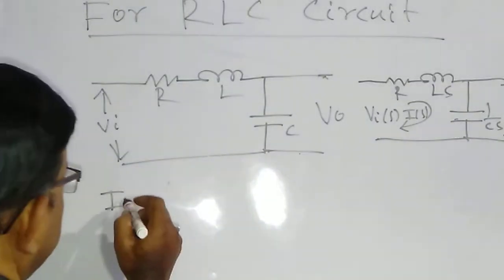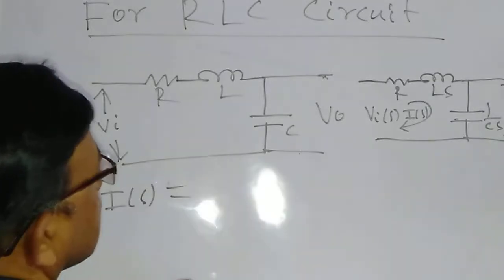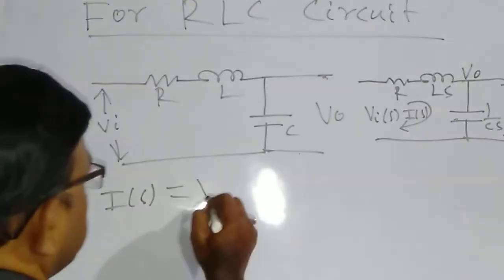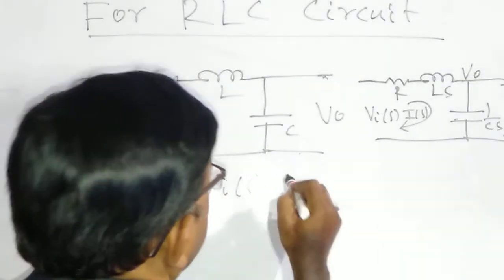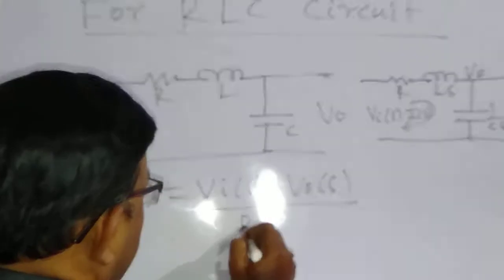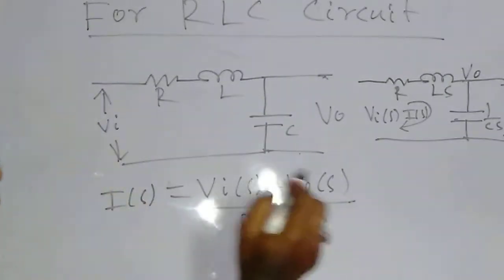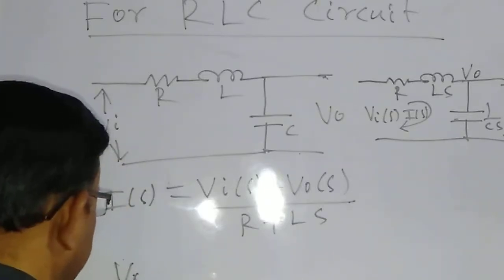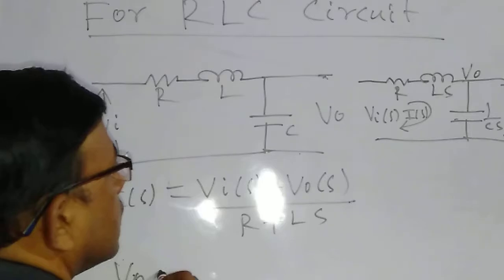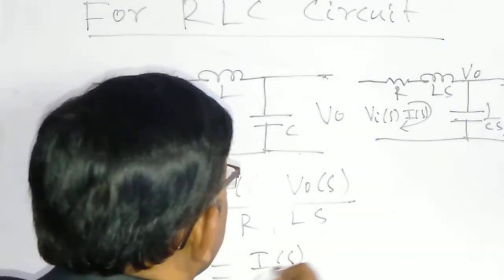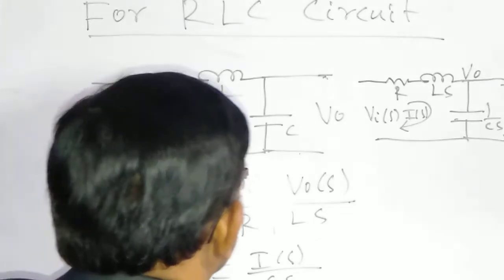So I of s is equal to, here the node voltage is V naught, so Vi of s minus V naught of s divided by R plus Ls. Similarly, we can find out the output voltage V naught of s is equal to I of s by Cs.